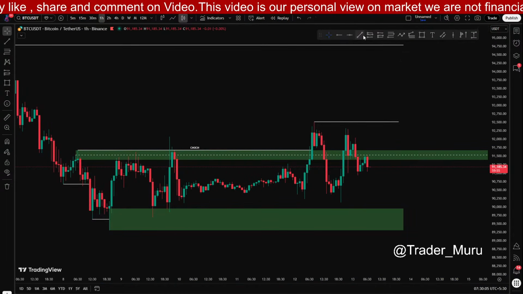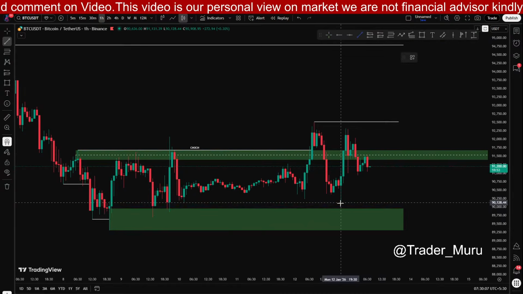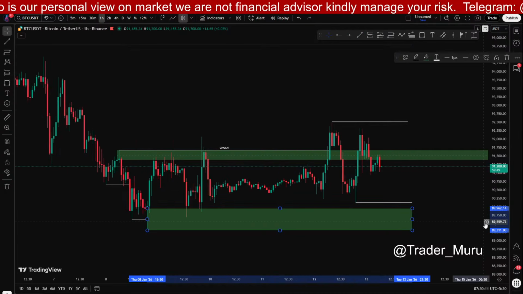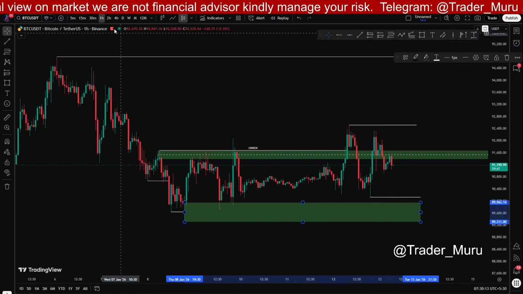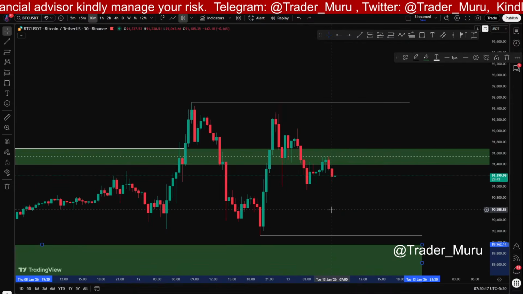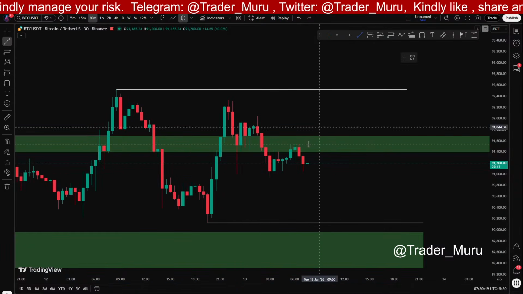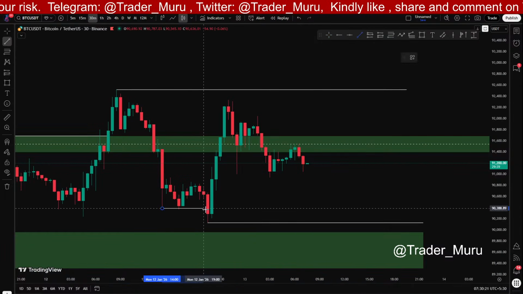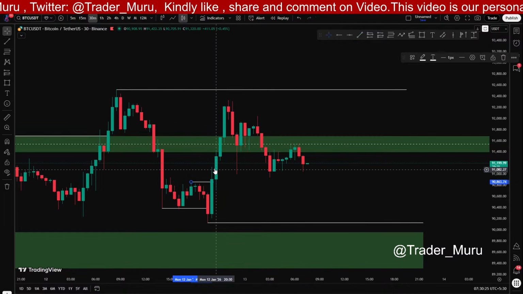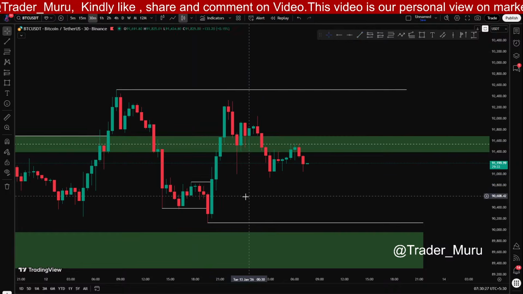Before that, better to wait for this green zone. In 30-minute, actually we have a change of character here. Two candles closing above the previous high.